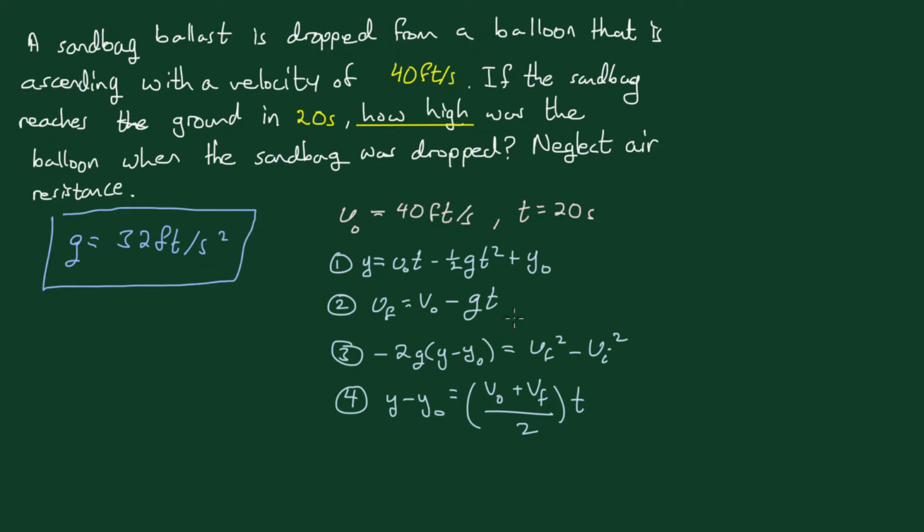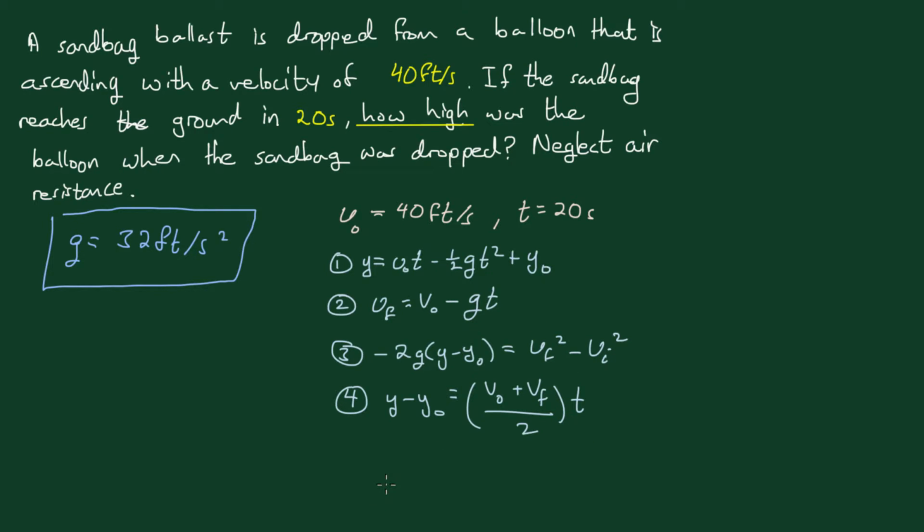Second is the final velocity. And the last two formulas are derived from these two previous formulas. The derivation is actually on the website, pointclearphysics.com, in the free fall section, and you could also find it online, in case you were wondering about that.